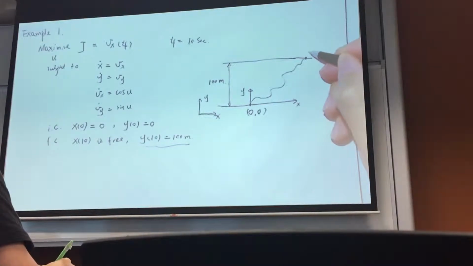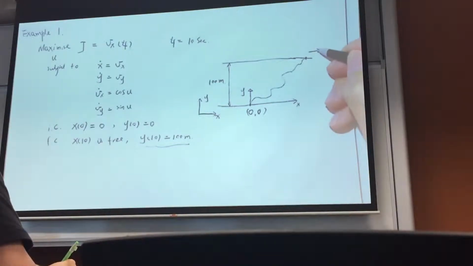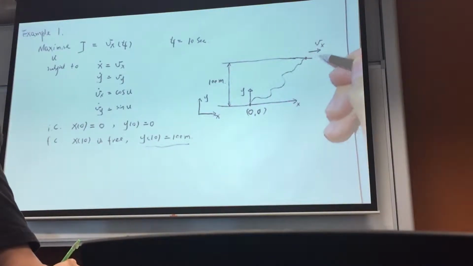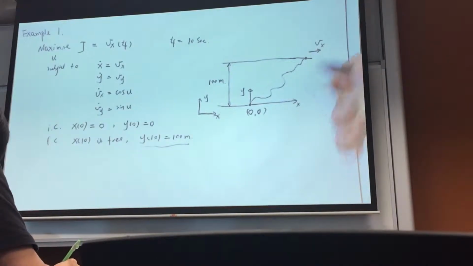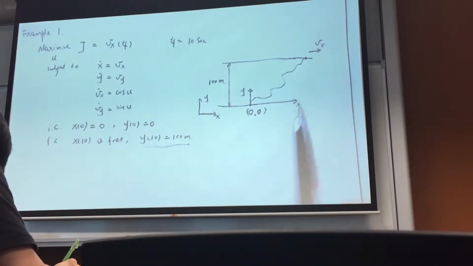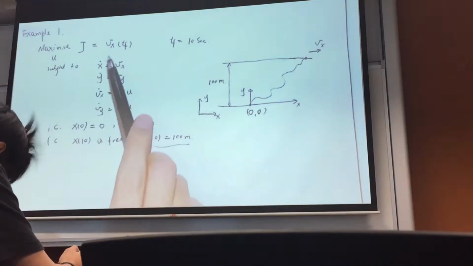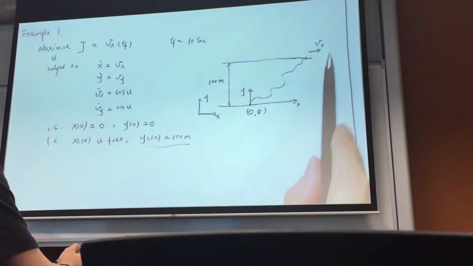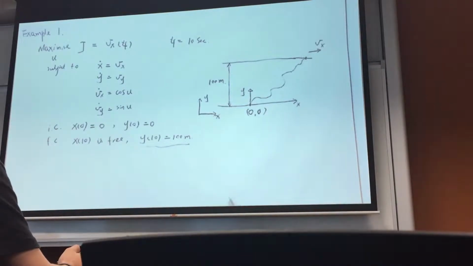At here, you got your Vx, your velocity in the x direction. So this question is asking you to maximize this velocity. So these are the problem formulation.